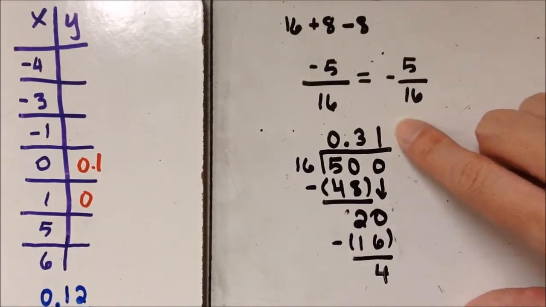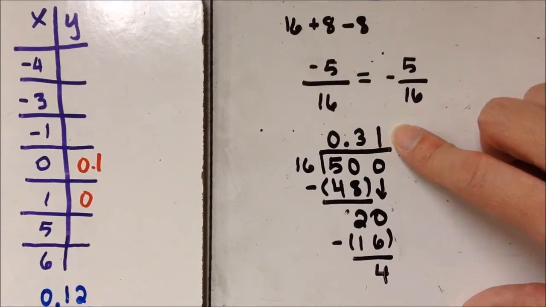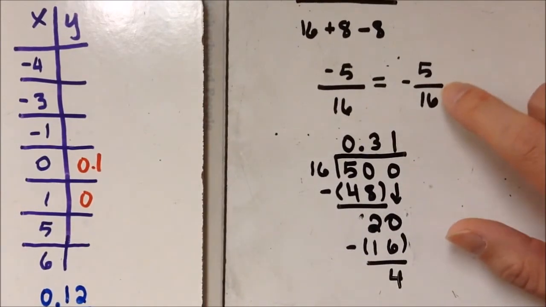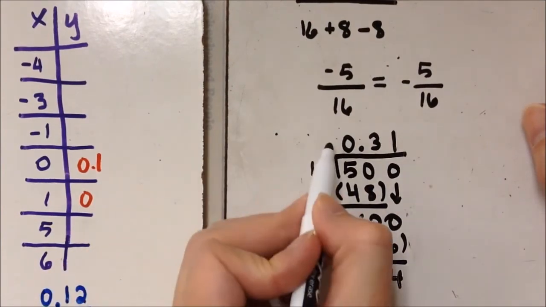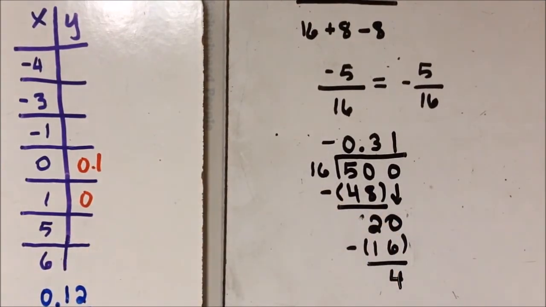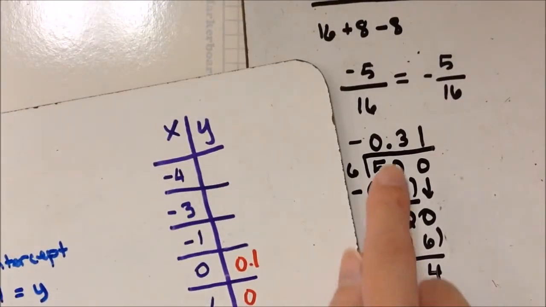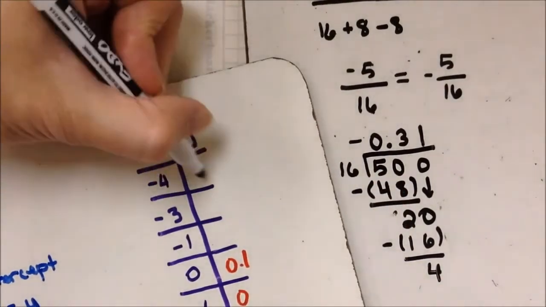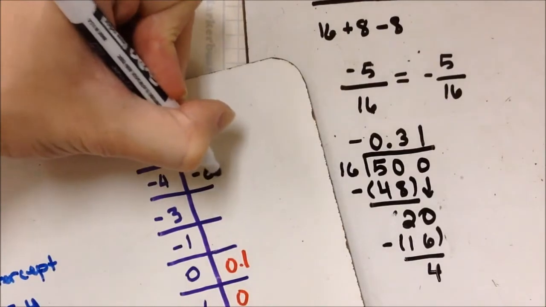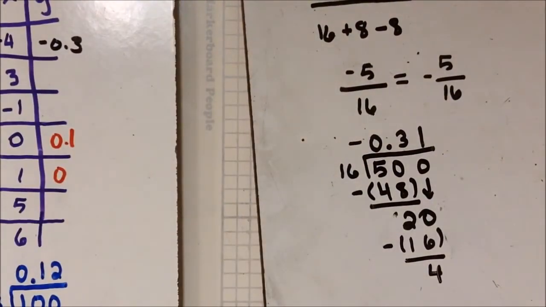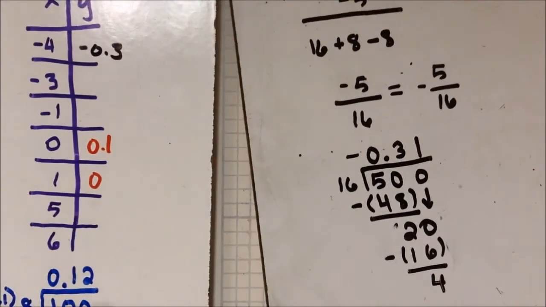So if I want to be precise, I would use 0.31, but for graphing wise, we're going to use 0.3. Now, again, since that was negative, this will be negative. Alright, so we plug in -4, so our y value will be negative 0.3. Alright, next is -3.